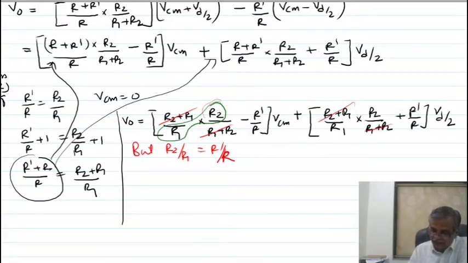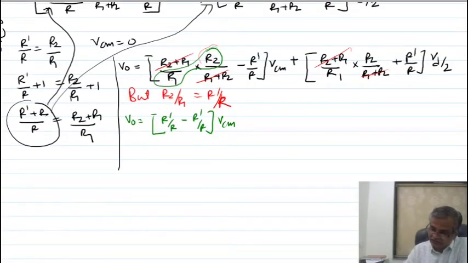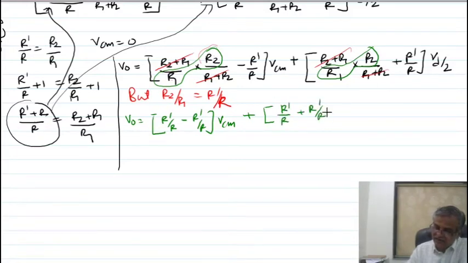I will keep my output voltage as R dash by R minus R dash by R into VCM plus R dash by R plus R dash by R into Vd by 2.